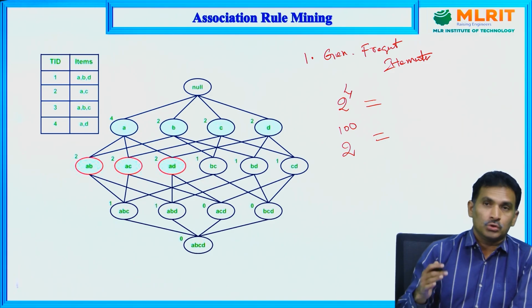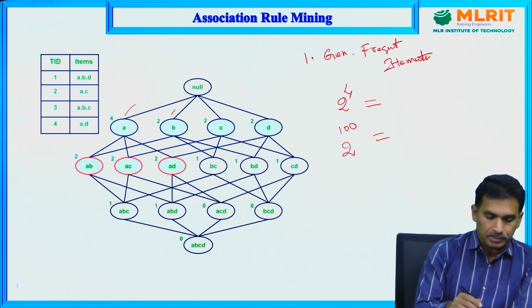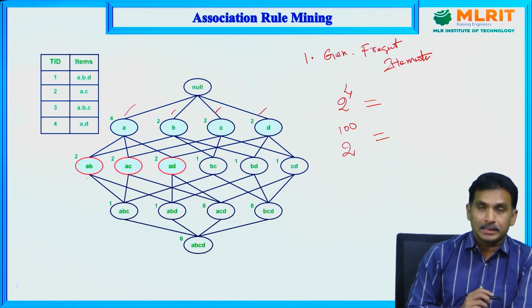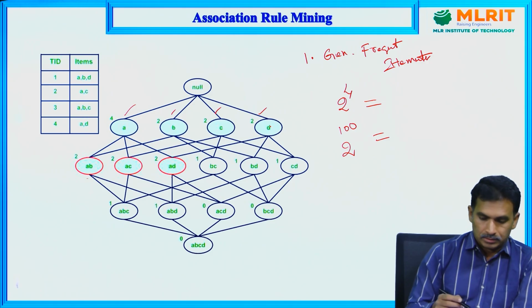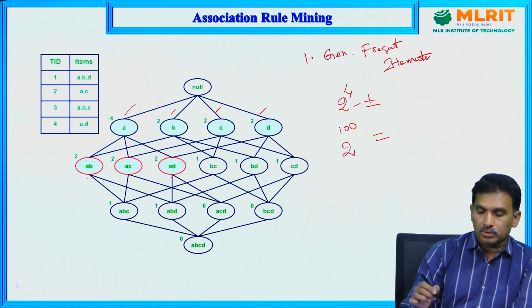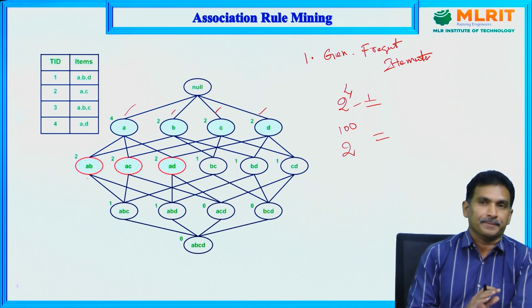So those many item sets: single item sets A, B, C, D, then 2-length item sets A, B, A, C, A, D, like this, and 3-length and 4-length item sets. If there are 4 items in the transactional database and we exclude the null set, then 2 to the power of 4 minus 1 item sets will be there.